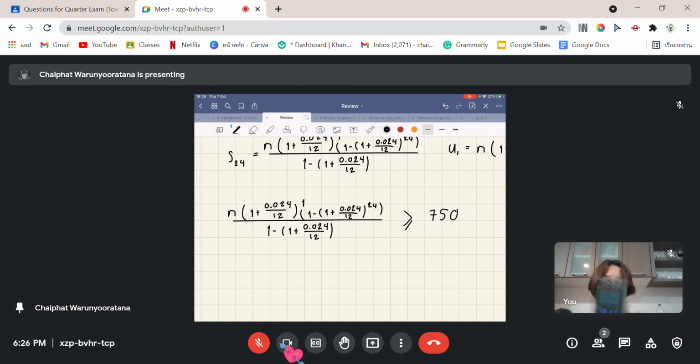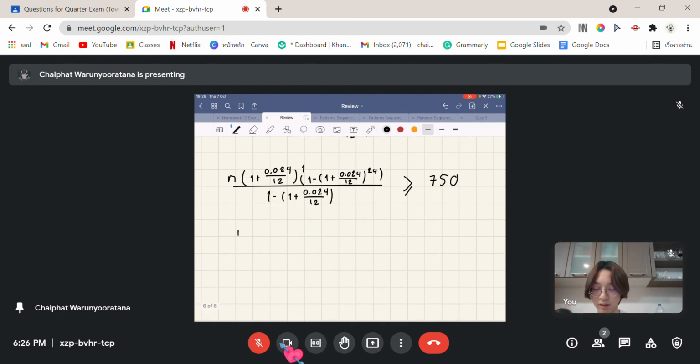Okay, so I finished putting it in, and we can see that if she deposits $30 each month, then the total will be around 738.27. However, this is not more than 750.